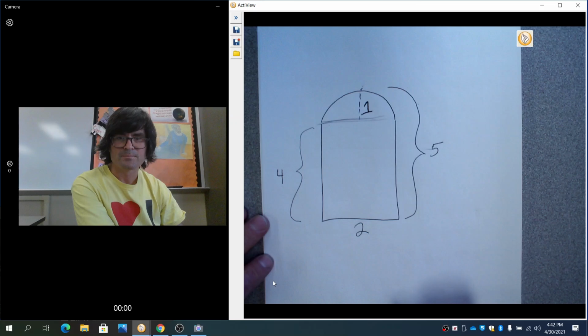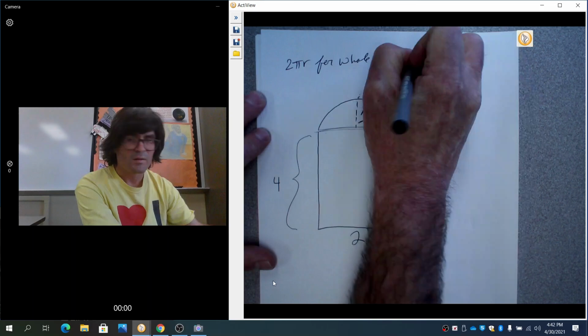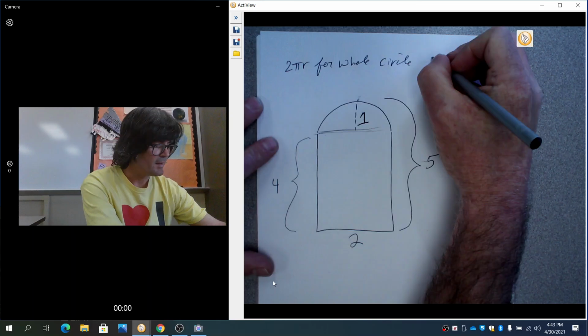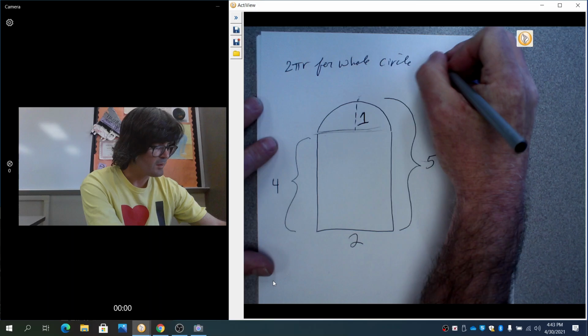So for the distance around a circle, it's 2 pi r for a whole circle. For the perimeter, it's 1 pi r for a half circle.